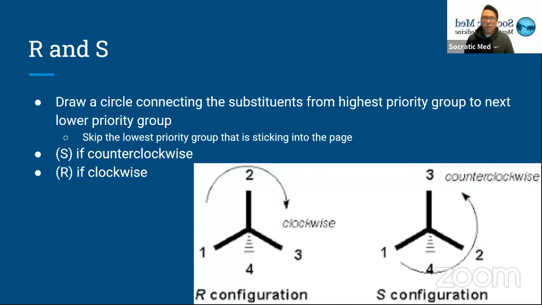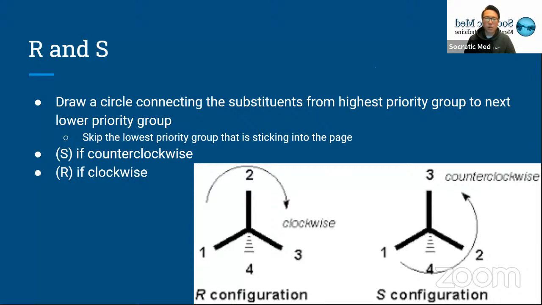And then, to show the absolute configuration of the chiral center, you draw a circle connecting the substituents from the highest priority to the next priority group. So you would go from 1 to 2 to 3, and the 4th priority group, which is the lowest one, would be the one sticking into the page, so you don't count that when drawing the circle.